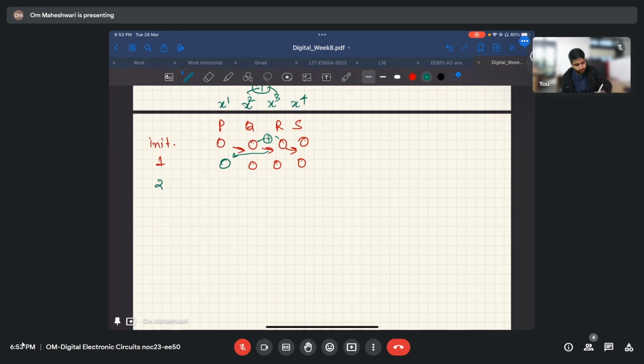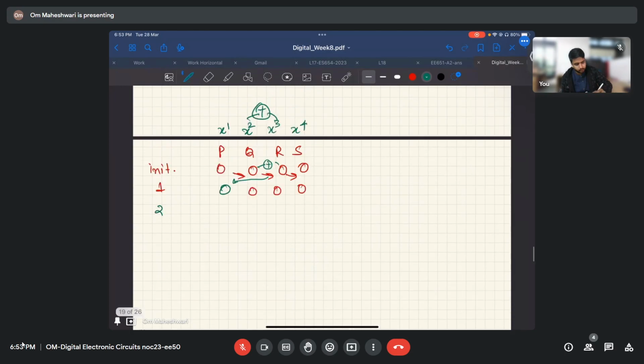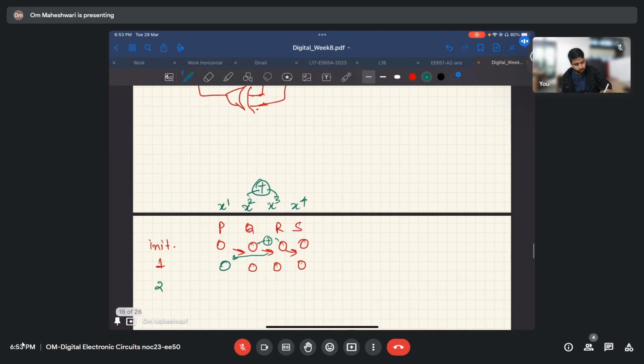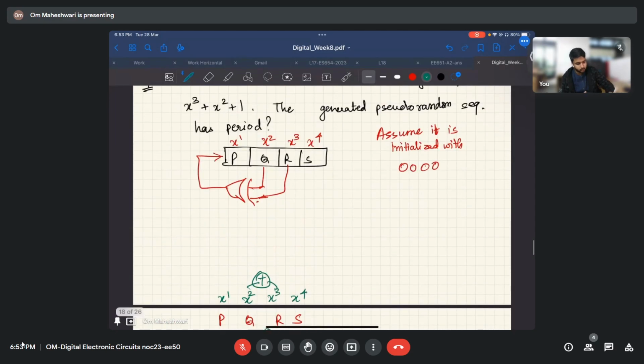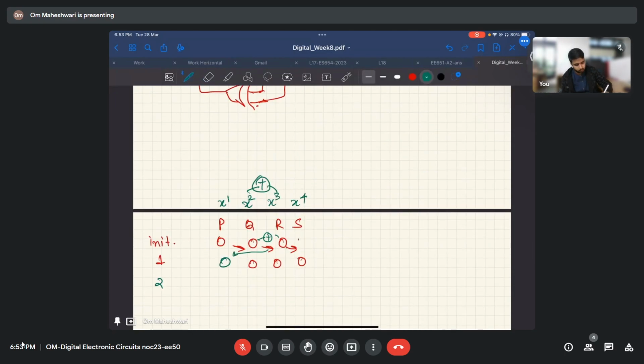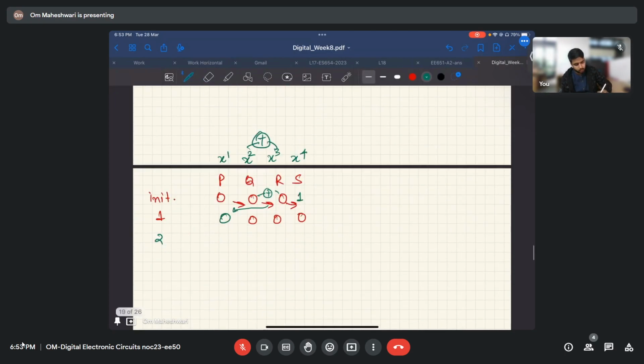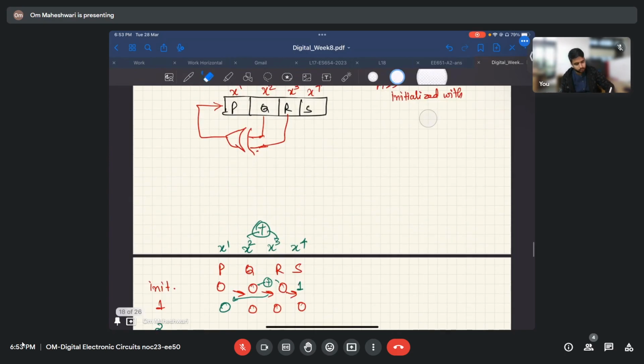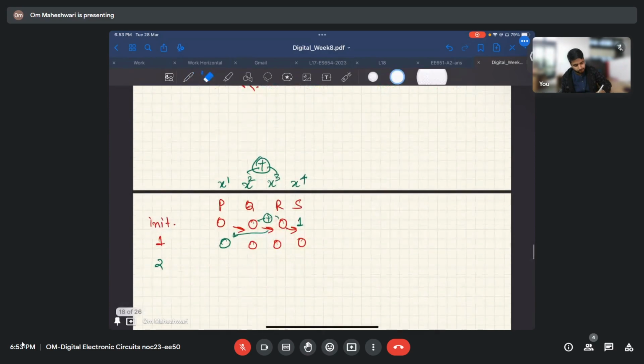Second cycle again. Initialize it with 0001. So I'll repeat it. Initially it is 1000.